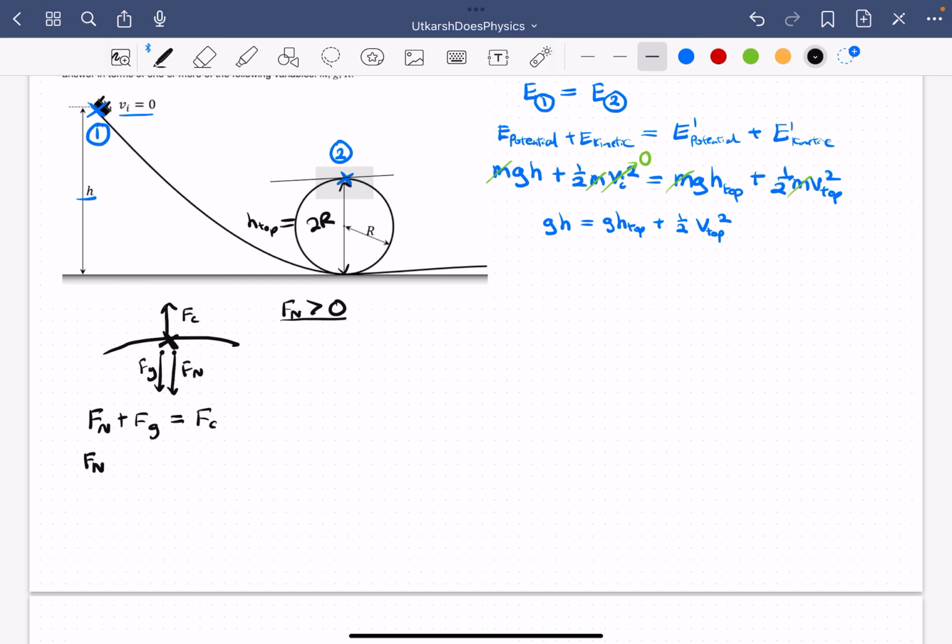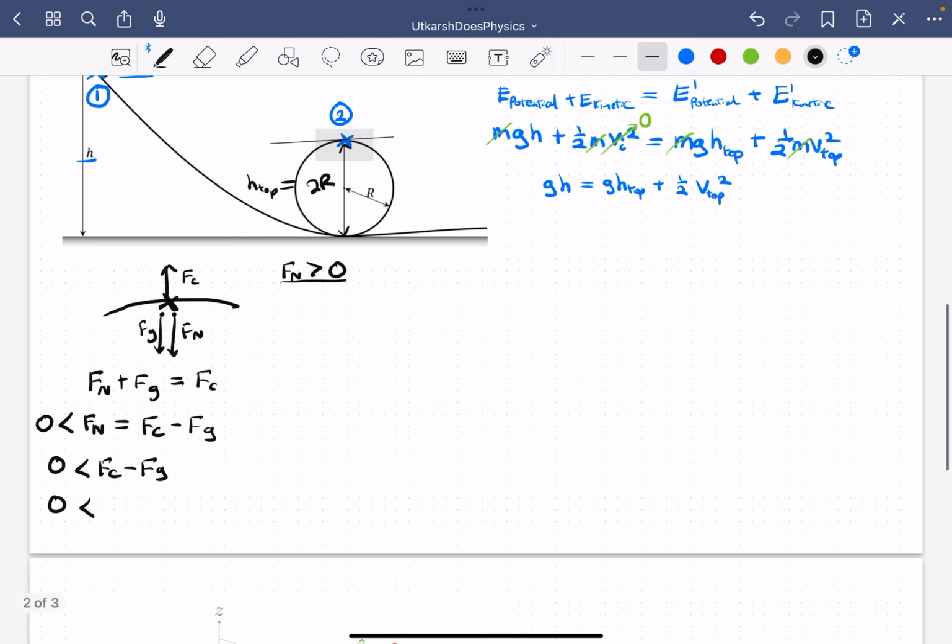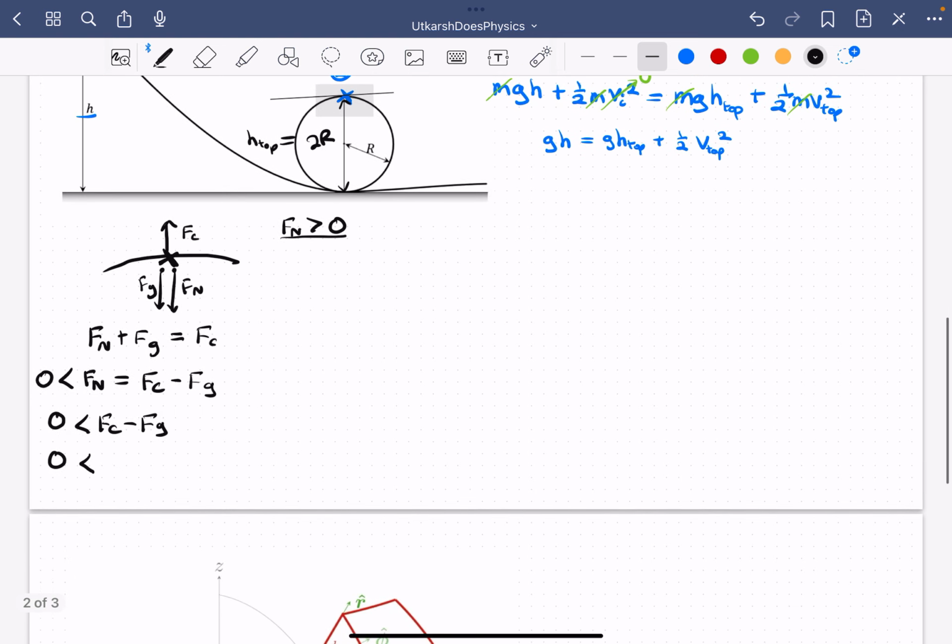Normal force, which is greater than 0, equals the centripetal force minus the force of gravity. So if this condition is true, then this condition is definitely true. And we're just going to substitute in the equations that we have from our formula sheet for the force of gravity, the normal force, and the centripetal fictitious force.